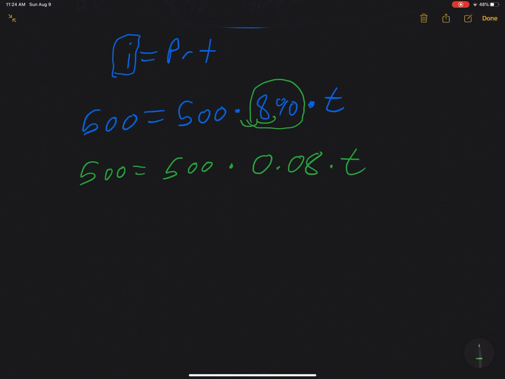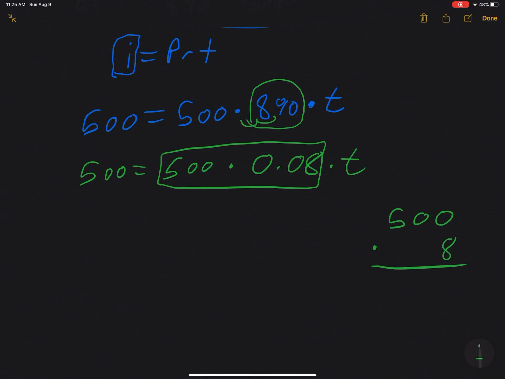And now we have to figure out what 500 times 0.08 is. Well, we know how to multiply decimals. 500 times 0.08 is 500 times 8, and then we count the decimals and move it over that many. What's 500 times 8?